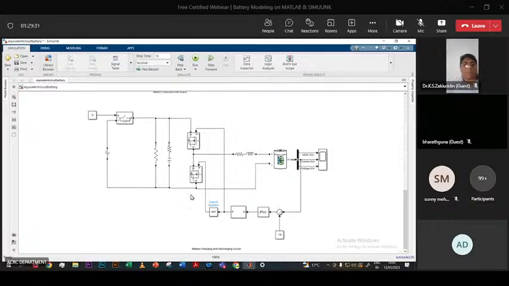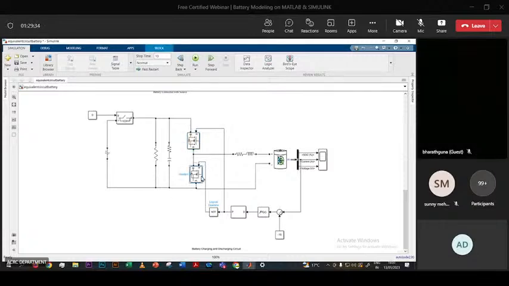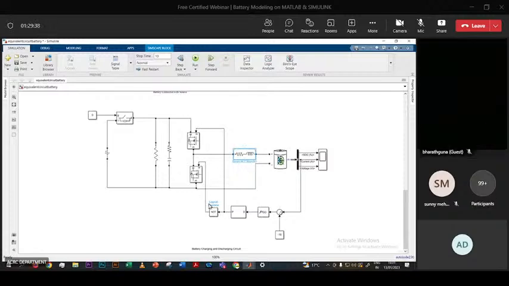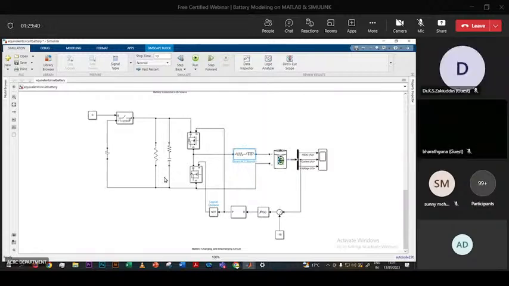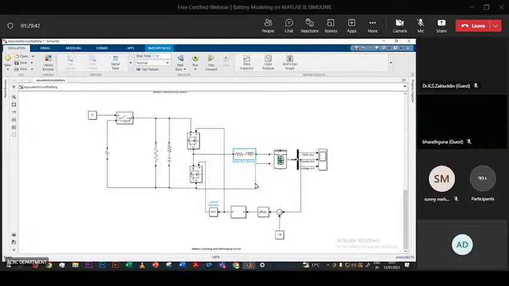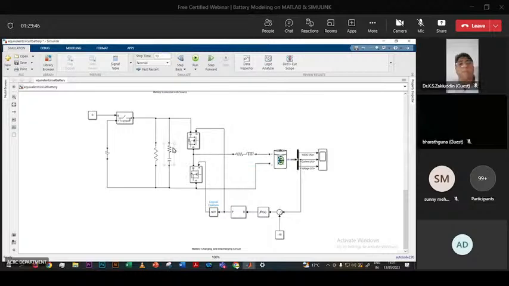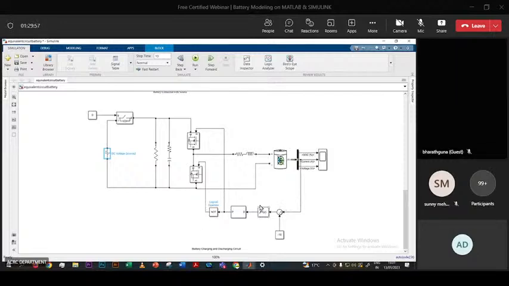So what I have done here is, these are the MOSFETs, and this is the RLC branch. I have made a bidirectional converter, which acts as a switch. This one is my load, this one is my filter, this is my gate pulse, and this one is the source. This algorithm I have used for constant current charging.